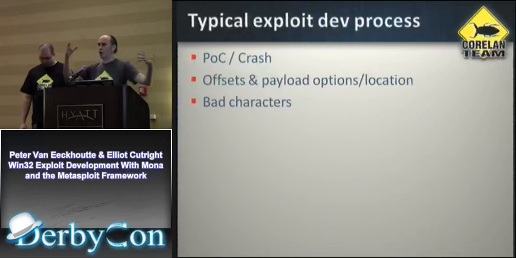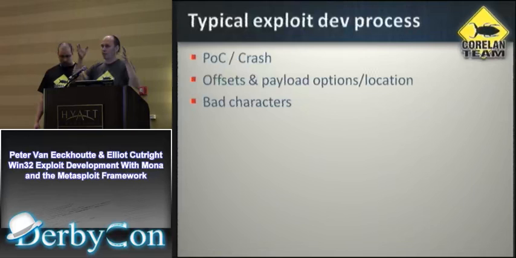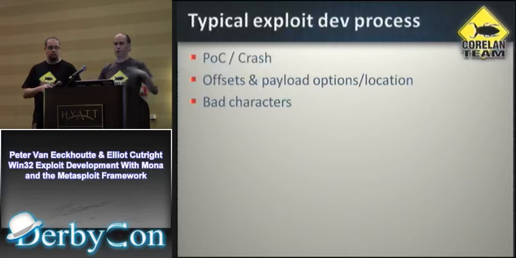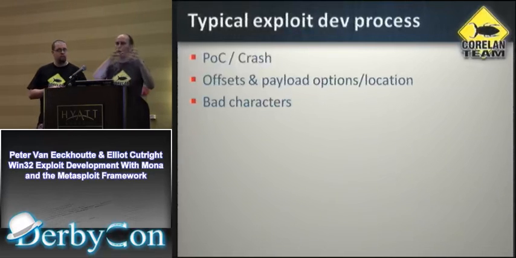We try to figure out in that payload what is the exact distance to overwrite that specific location in memory. And we also try to figure out what our options are in terms of placing our payload, our shellcode, whatever. Where are we going to put it? If we combine those two, we'll have the answer to how we are going to jump to that payload.